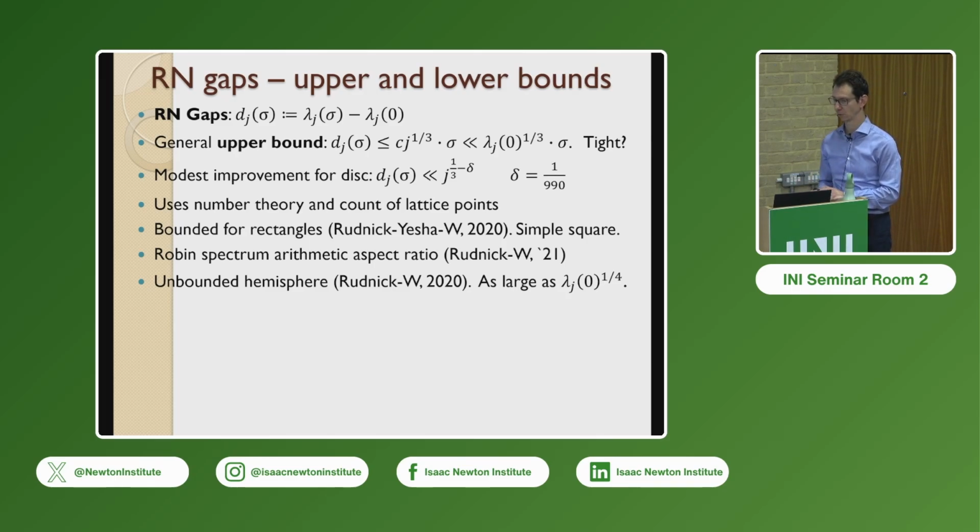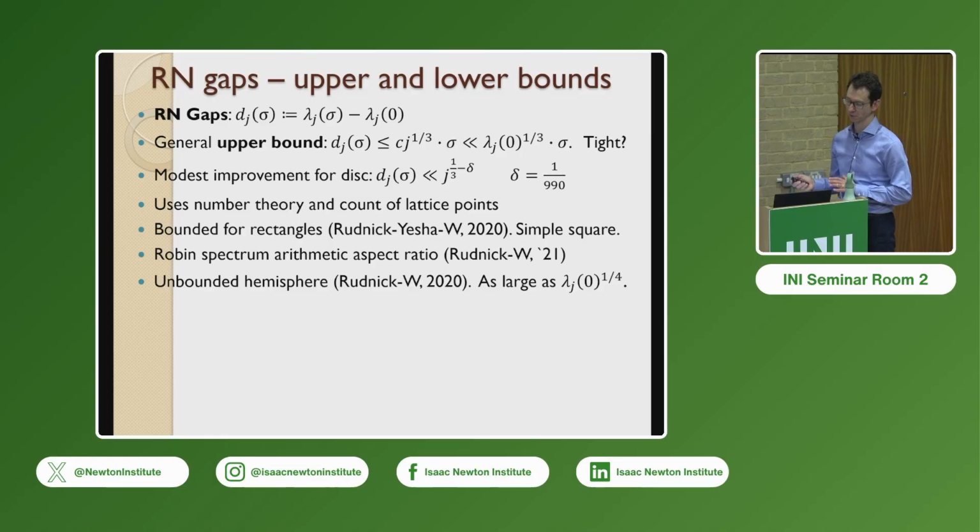We basically use the more precise version of the Weyl asymptotics, which is valid only for the disk billiard, with the particular remainder term. We proved that the Robin and Neumann gaps are bounded for particular rectangles, and the spectrum is simple for the square.